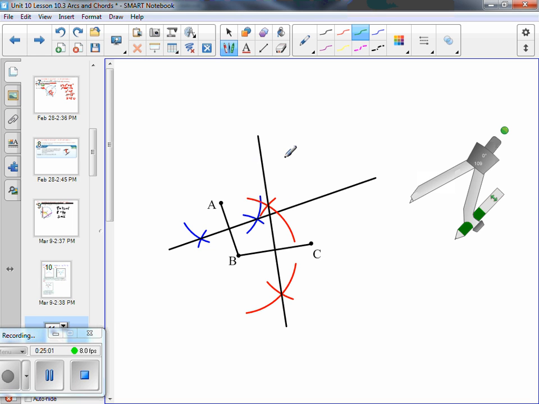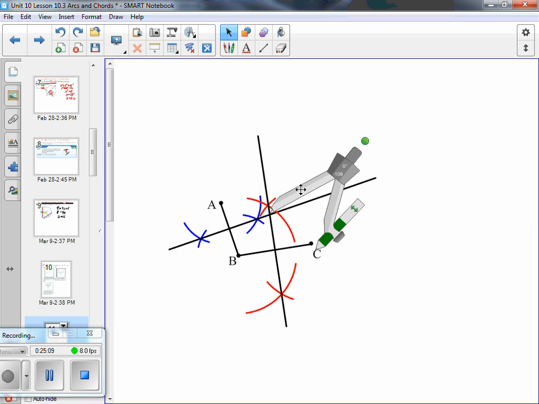Because now the point where your two perpendicular bisectors intersect, that's the center of the circle. So put your compass point where your two perpendicular bisectors intersect. And then adjust the setting so that the pencil is on either point A, point B, or point C. It doesn't matter.